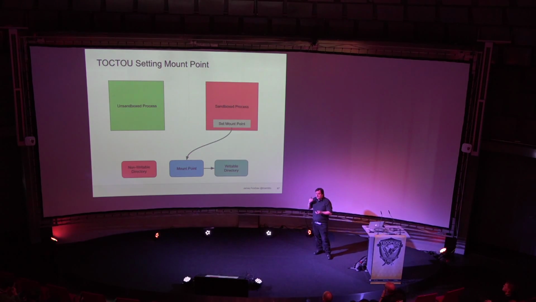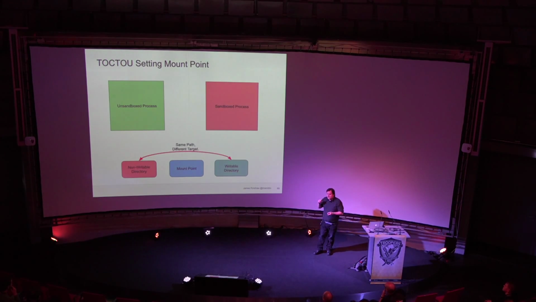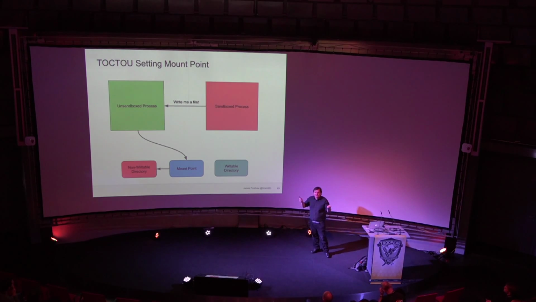If we can set a mount point to a writable directory, but it just happens that if you apply that path to a different process, an unsandboxed process, it actually hits a completely different path, then you've got a potential bypass of the mitigation. And eventually, hopefully, you say, hey, write me a file, and it will just write to an arbitrary file.